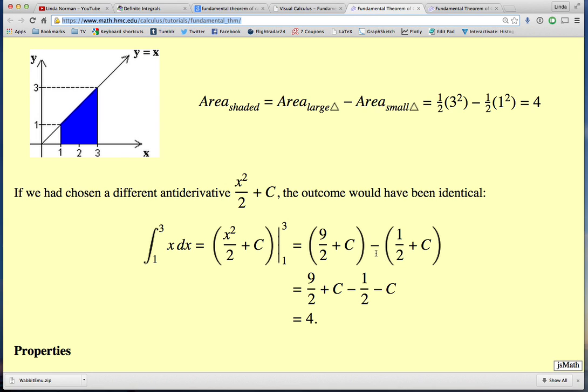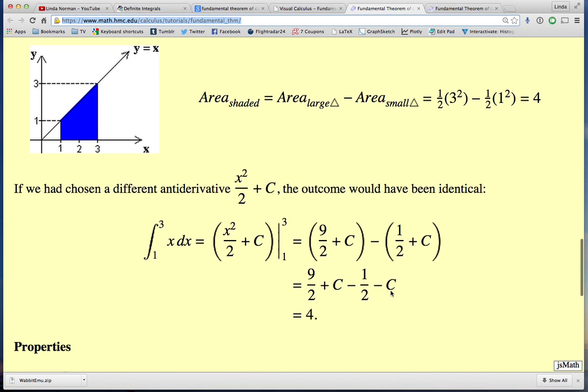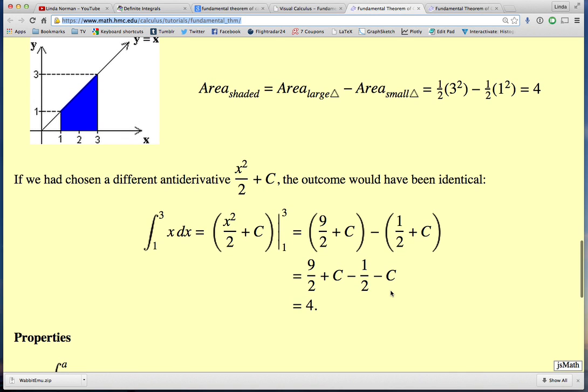But I'm subtracting the two, so when I subtract, the c's essentially cancel to 0. Now that's always going to happen. So because that's always going to happen, when we're evaluating the definite integral, you basically ignore the constants. So you don't need to worry about the constants when you do the definite integral.